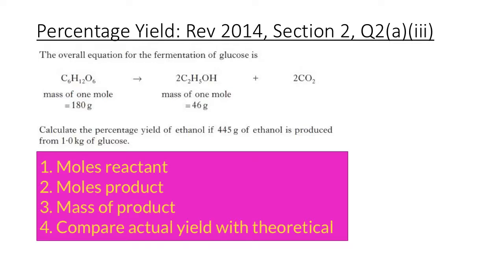So here's our next example, and I would recommend again that you have a go at this now, certainly the first three steps on your own. Calculate the percentage yield of ethanol if 445 grams of ethanol is produced from 1.0 kilograms of glucose. The 1.0 kilograms of glucose is the reactant that you're starting with.